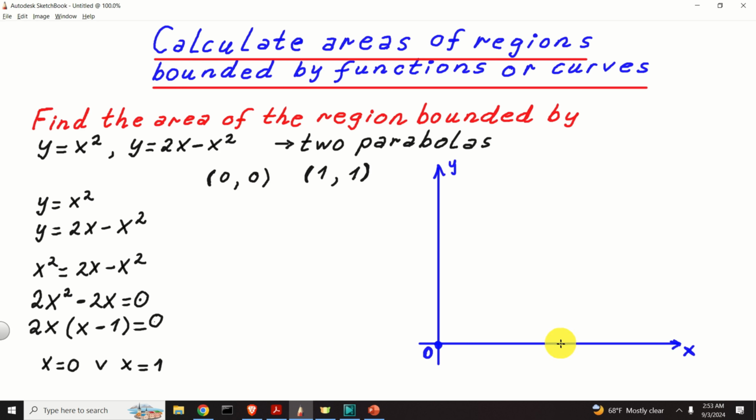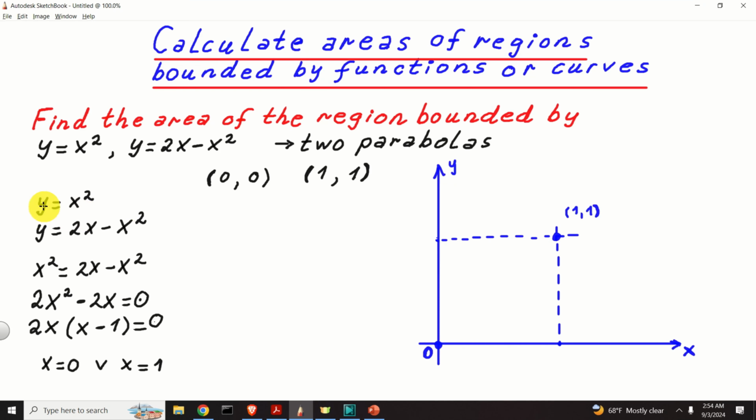And the second intersection point is x is 1 and y is 1, and let us simply draw here a horizontal line, and let us draw here a vertical line, and the intersection is here. This is the point 1, 1. So let's denote it.